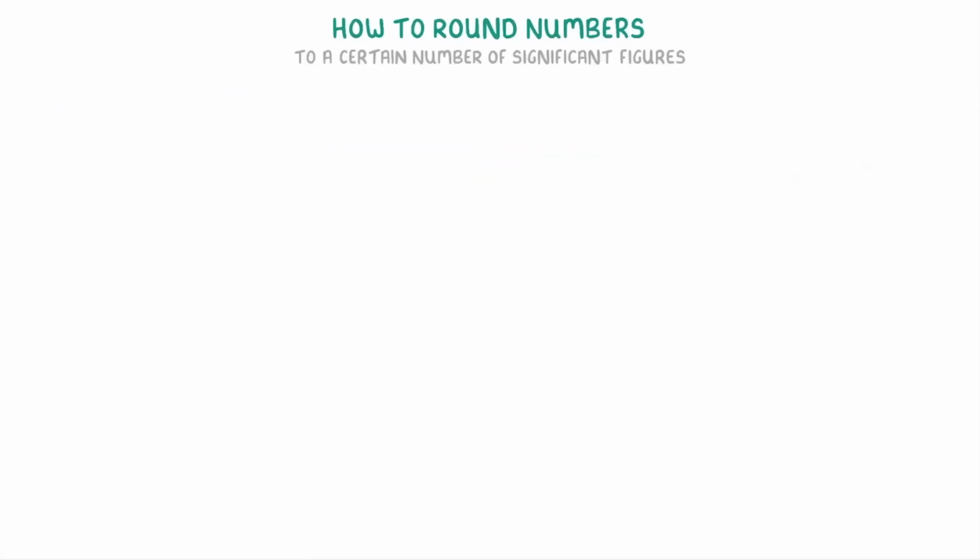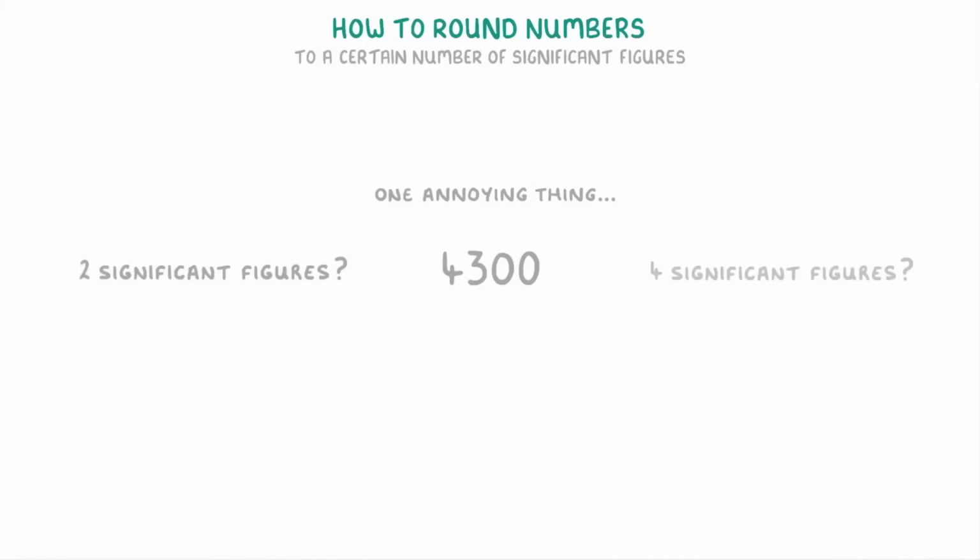Now, one last thing I want to mention is that one annoying thing with significant figures is that with a number like 4300, we can't really tell whether it has 2 significant figures or 4. This is because it could have been rounded to 2 significant figures from a number like 4315 or something.